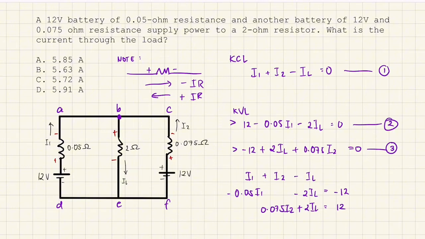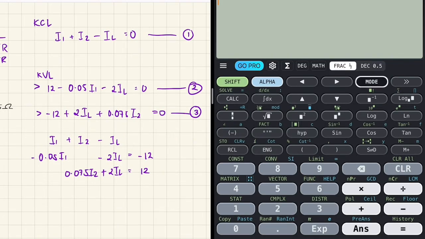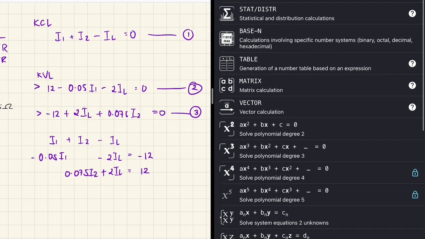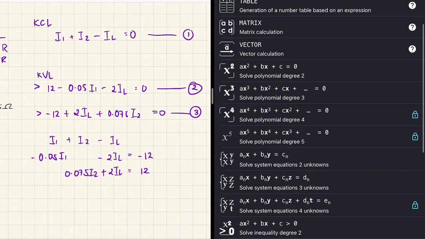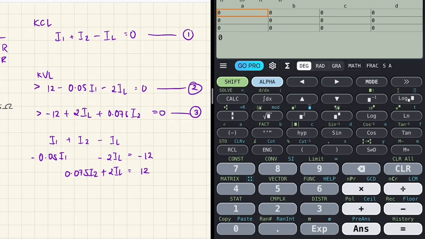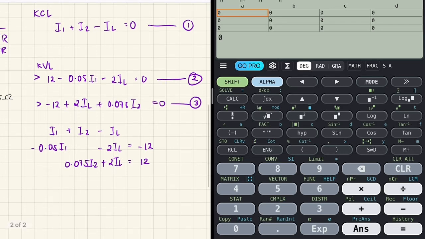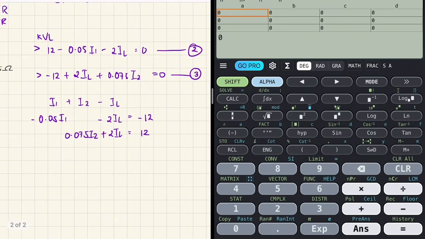Okay, so right now we can go ahead and input this to our calculator. Just choose mode and then look for 3 unknowns since we have 3 unknown variables. Let me go ahead and rewrite the unknown variables here.